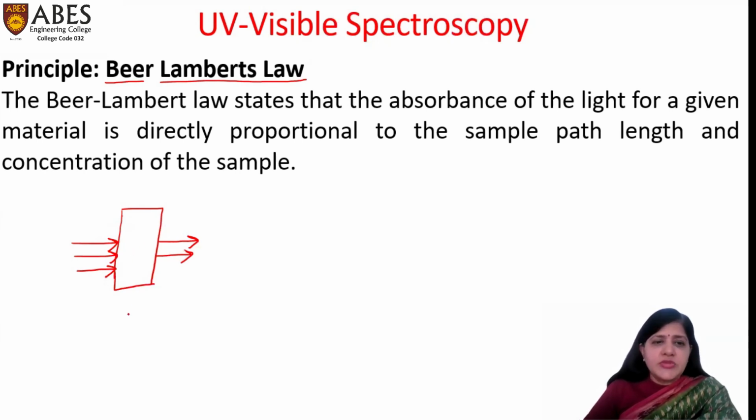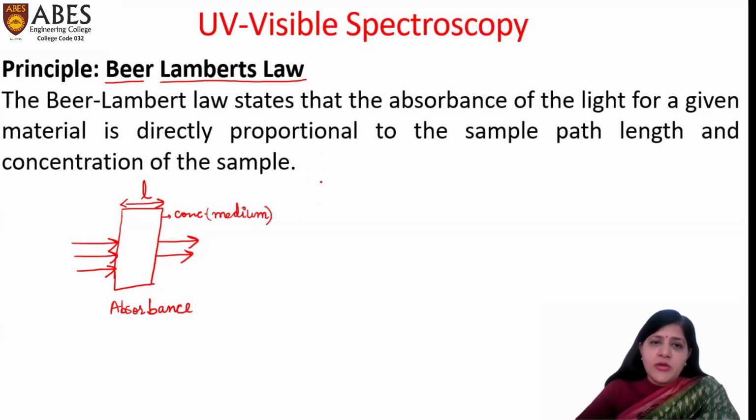The light absorbed by the medium is known as absorbance. Absorbance depends upon the path length, that is, the distance traveled by the light, and it depends upon the concentration of the medium.